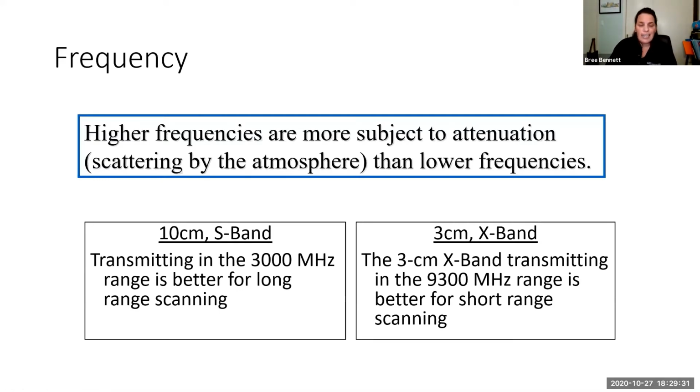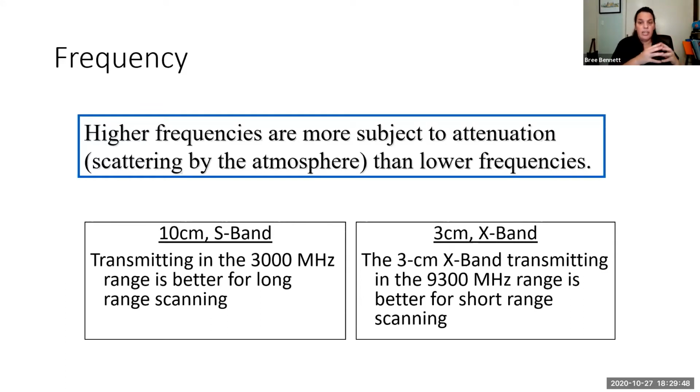The frequency, I kind of went over this. That 10 centimeter S-band is for long range, for open ocean. The 3 centimeter is for coastal short range scanning.